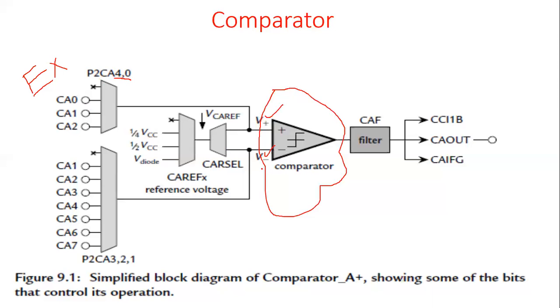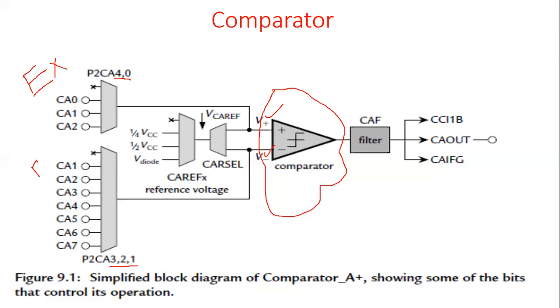Similarly, coming to the inverting terminal, it consists of a total of 8 signals. 8 signals means we require 4 bits to select one. These 4 bits are comparator analog signal 3 to 1. That means the third bit, second bit, and first bit are used for selecting these analog signals.